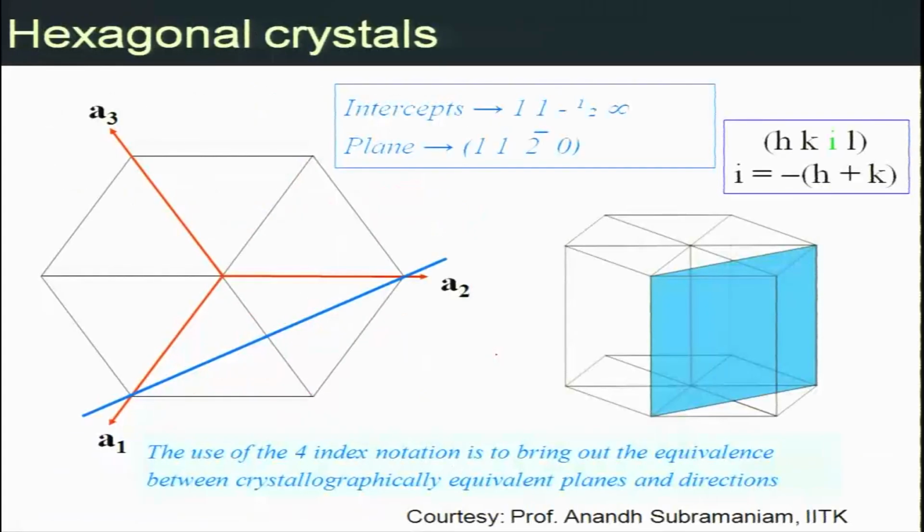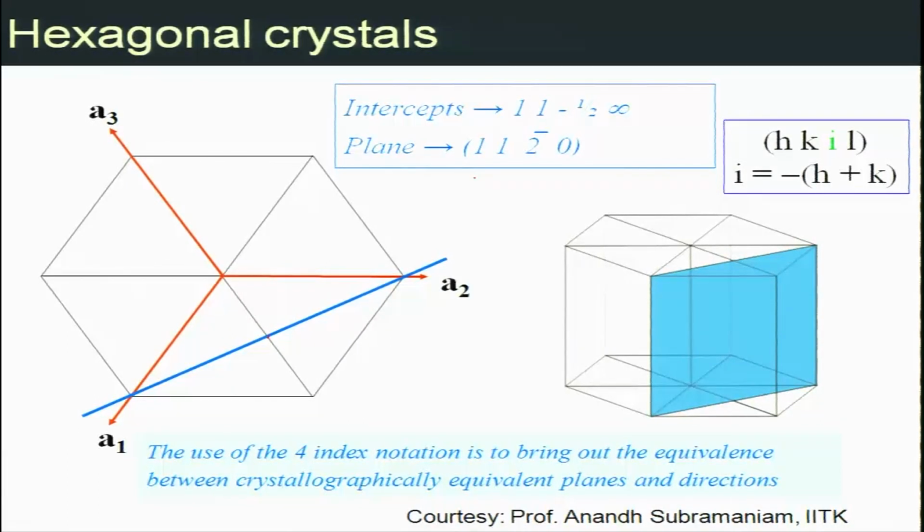So now I'll give you some more examples of hexagonal crystals. This is courtesy Professor Anand Subramaniam. He has made very nice slides on these crystallography. So this is about, as I said, the 1 1 bar 2 0 plane. So the 1 1 bar 2 0 plane is nothing but 1 along A1, 1 along A2, and by default the 3rd intercept, which is -2, which is actually half, right?